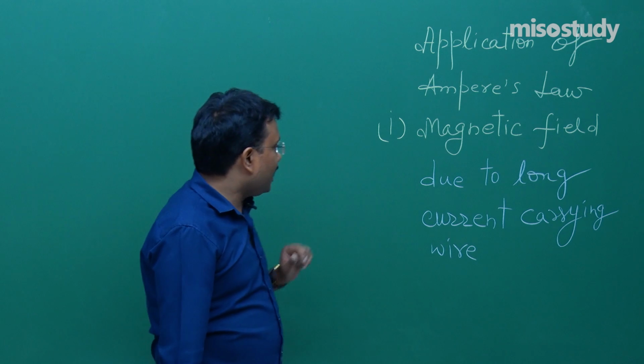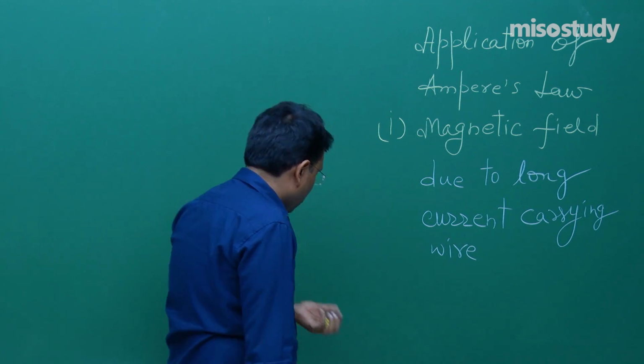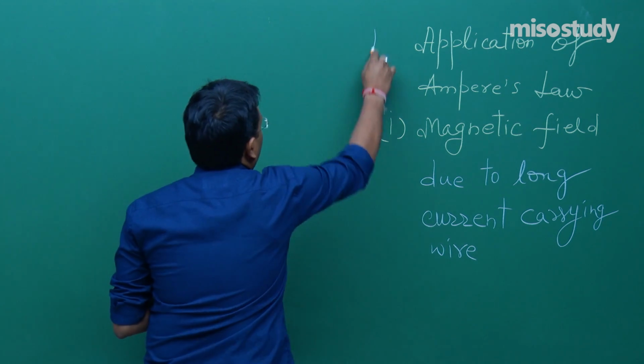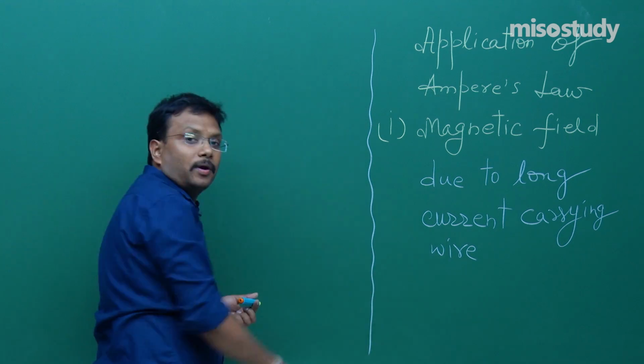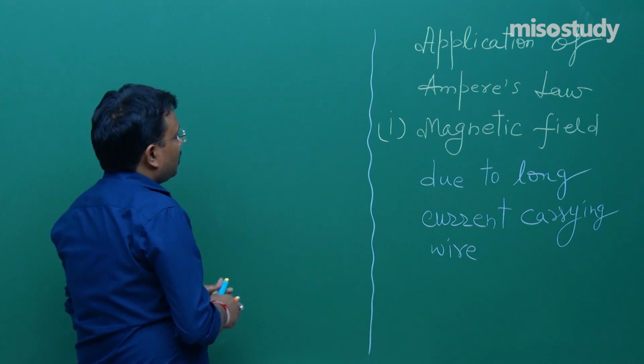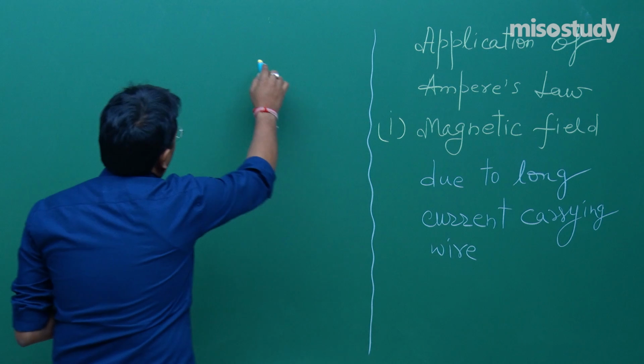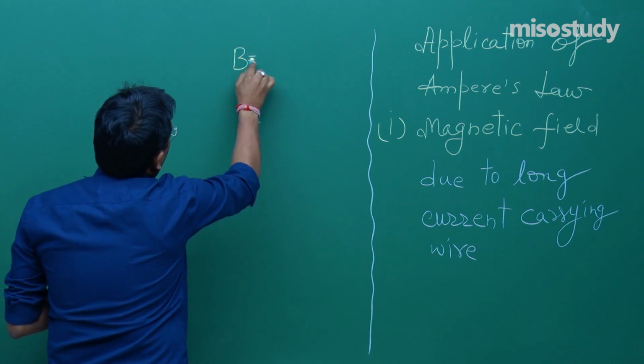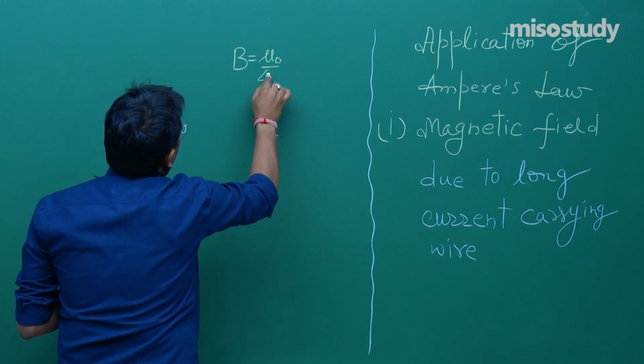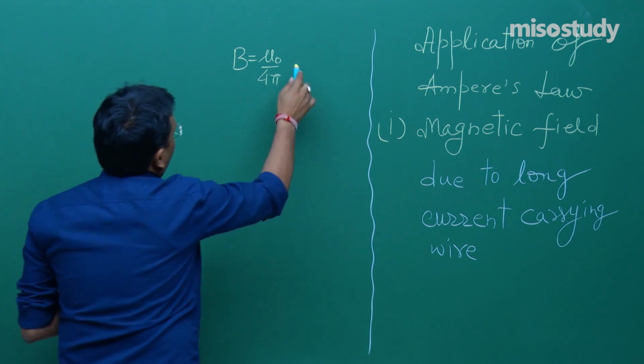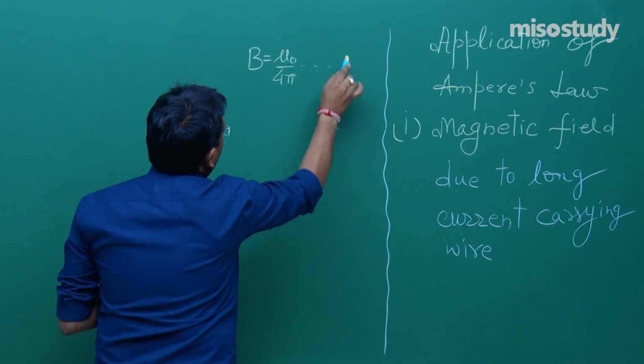Fine. So, let us try to find out how we can use it, although I mentioned this particular thing over here. Now, the idea is, B is equal to mu naught upon 4 pi, and for the time being I am not writing these terms.